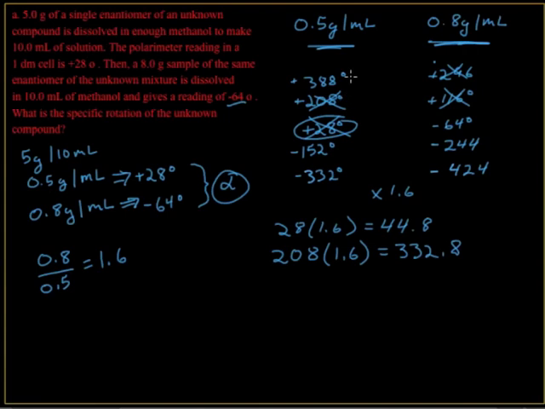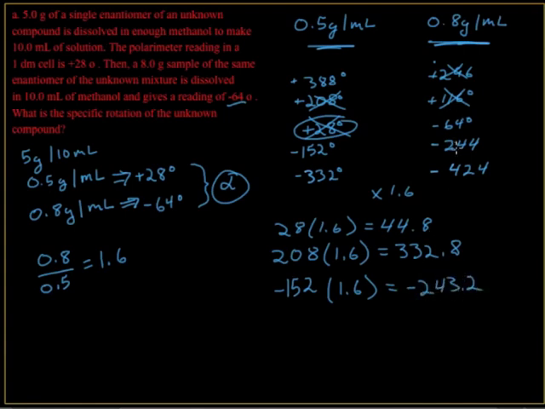How about the minus 152? Minus 152 times 1.6. Well, that gives negative 243.2.